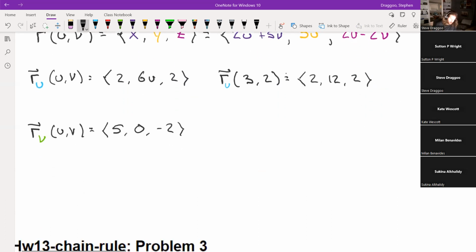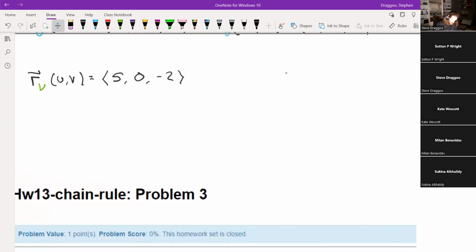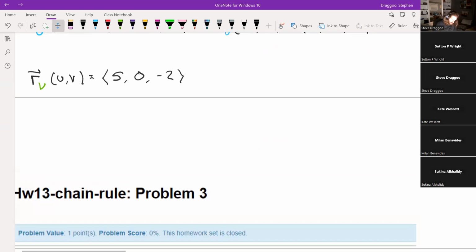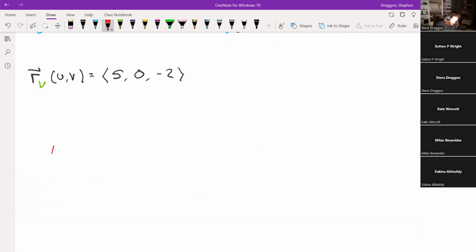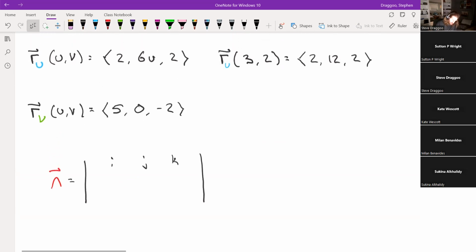So let's go get a cross product. We just have a cross product left. N is the cross product of i, j, k, 2, 12, 2, and 5, 0, negative 2.